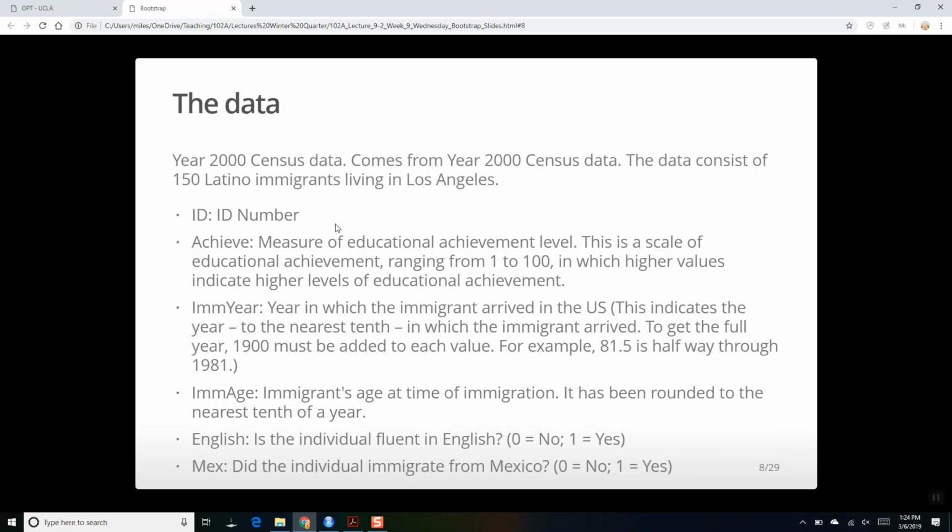This data comes from the long form census. There's going to be a census done next year, and most people get the short form, which just says what's your name and what's your birthday.